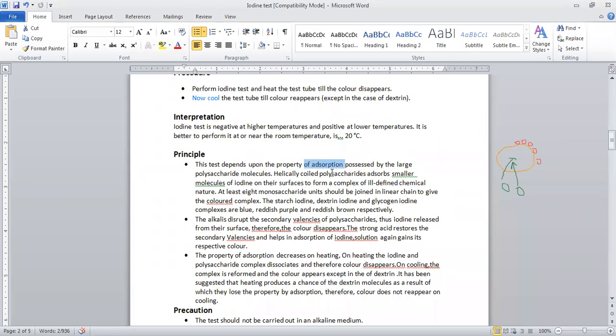When we add the iodine solution to the polysaccharides, the iodine molecules adsorb onto the polysaccharides.